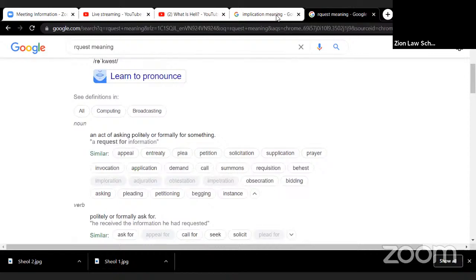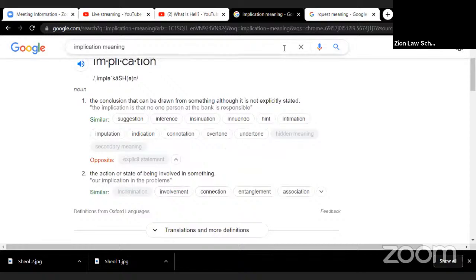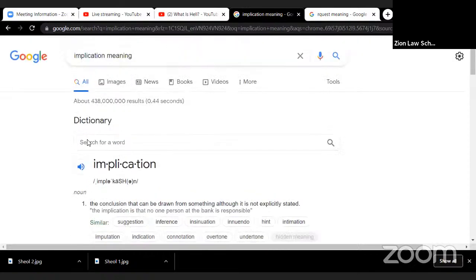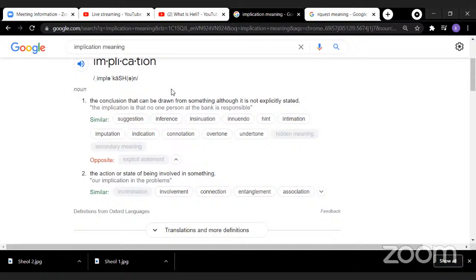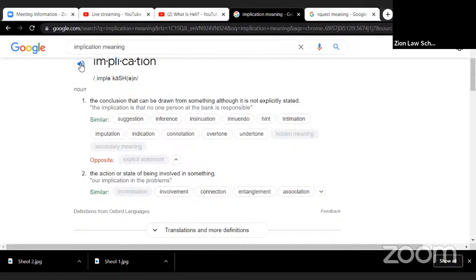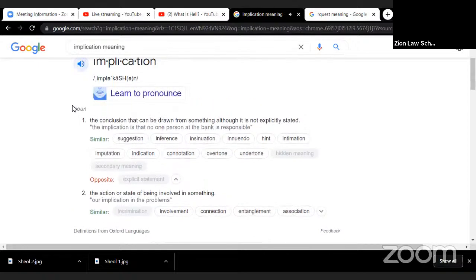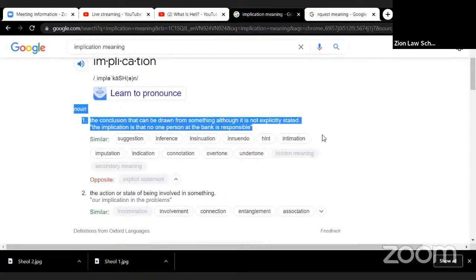Now, what's at issue is the next, after the semicolon, it says by implication to request. So the meaning of implication, do you want to go through this one, Jediah? Just go through and present the meaning.